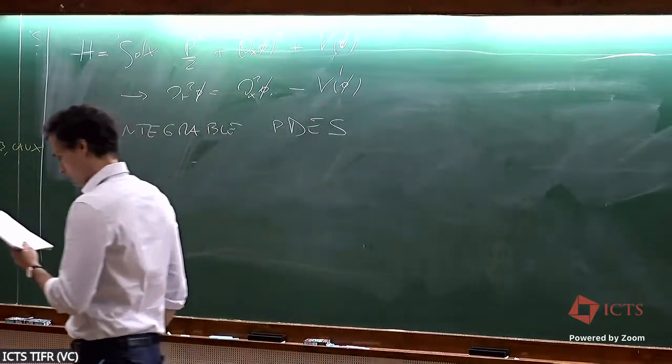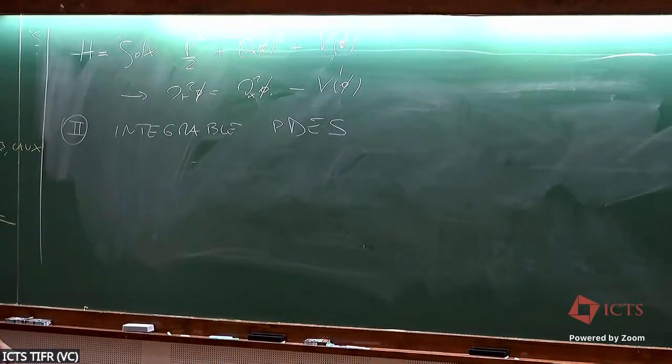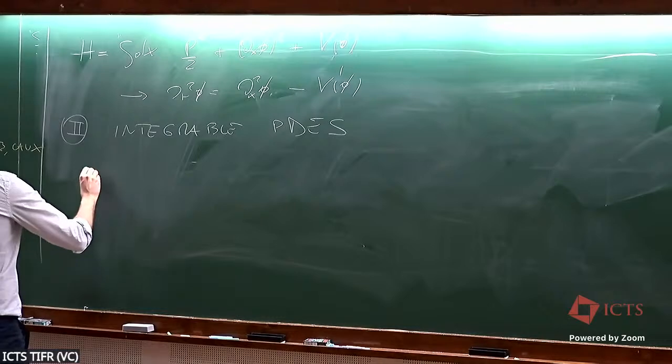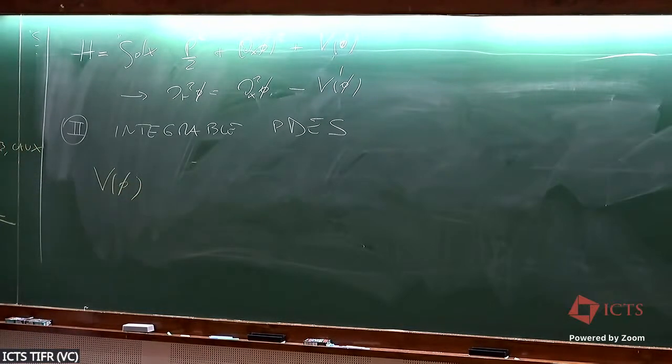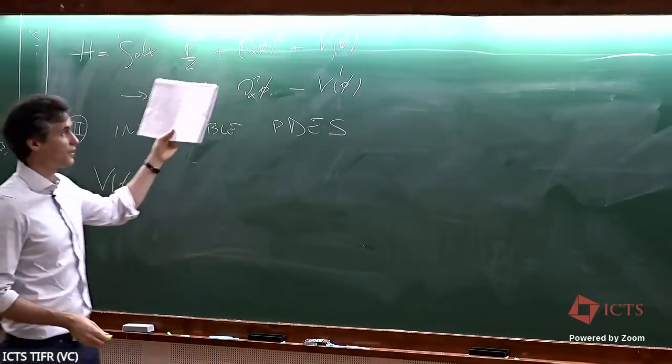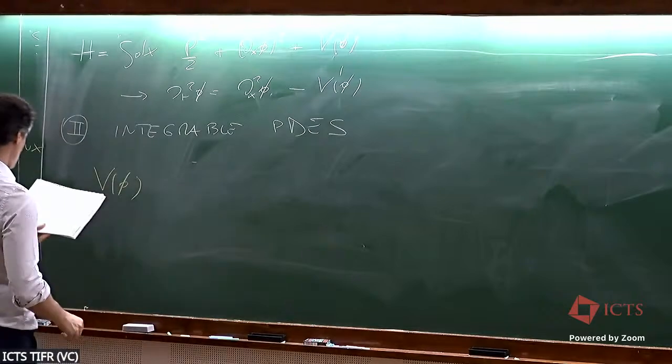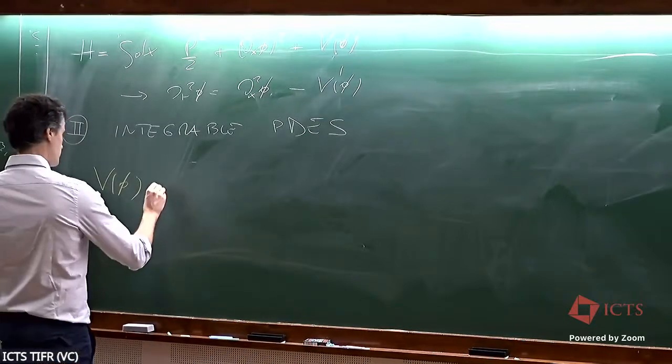Okay, so now we want to do integrable models. Not all the PDEs are integrable, of course. You have to choose carefully your form of interaction. I would still want to keep something of this form, but now I have at least two different choices.